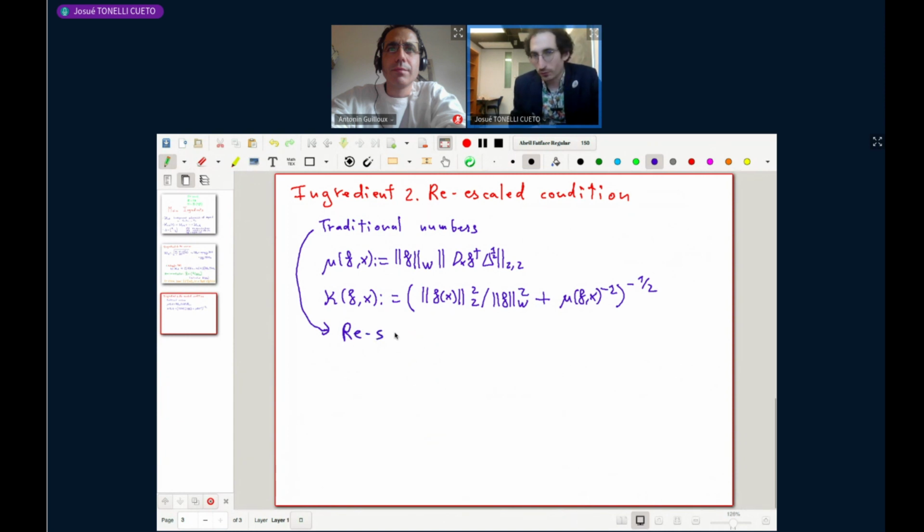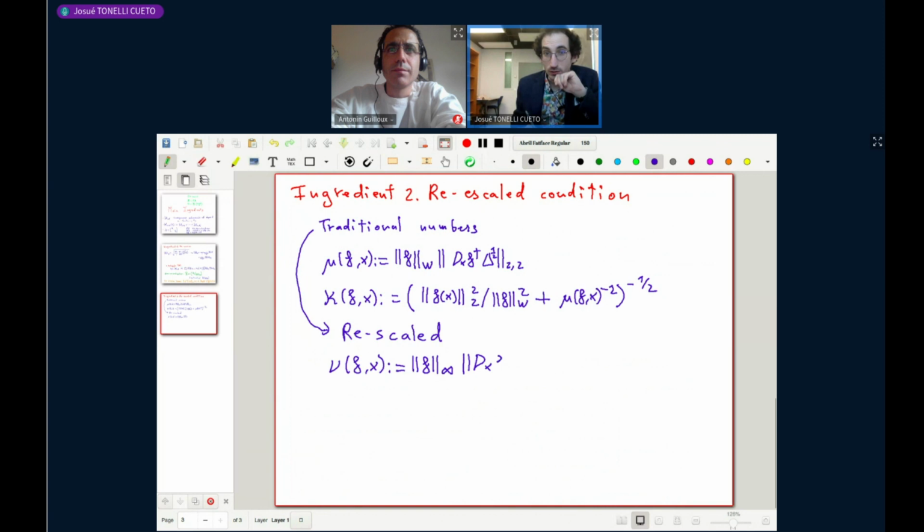And then what will happen is that we rescale. So with Felipe, we saw how we can substitute the Weyl norm by the infinity norm. But now I do some rescaling. So let me write this. I call these numbers nu of f at x. So this will be essentially f infinity.